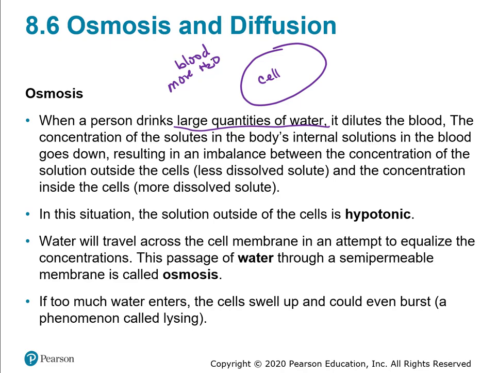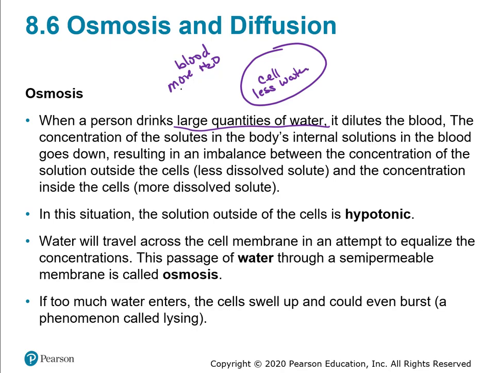If the volume and the amount of water outside of the cell goes up, that means relatively there's less water inside compared to the outside. So what did we say that movement always happens from? High to low. So where is there a high concentration of water? Outside of the cell, less inside. What will happen to the cell?